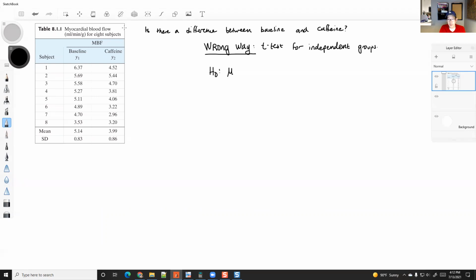The null hypothesis would be mu1 equals mu2, where group 1 is baseline and group 2 is caffeine. Let's start off with the alternative, not equal, a two-sided alternative.